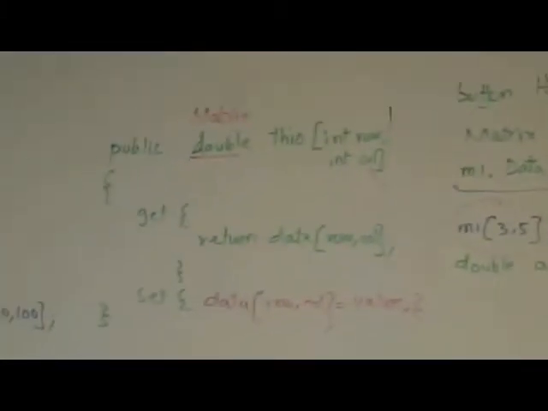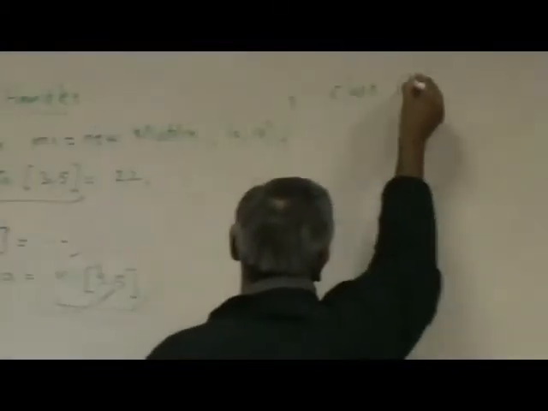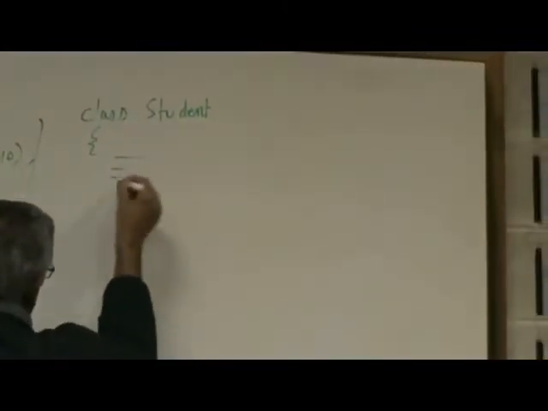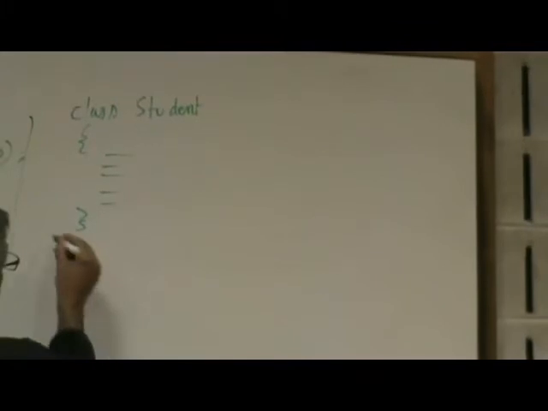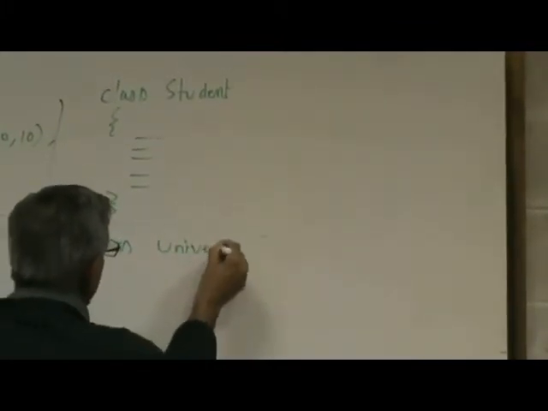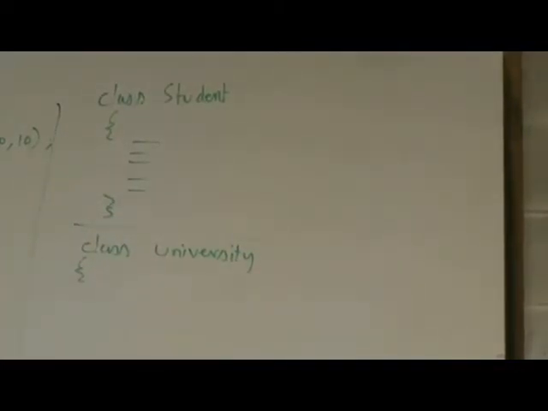Further, like we talked about the university class, so remember we had something like this, class student. Okay, suppose we have those 5 fields over here, right? Suppose we have a class called university. Okay, and suppose the university contains a collection of students.